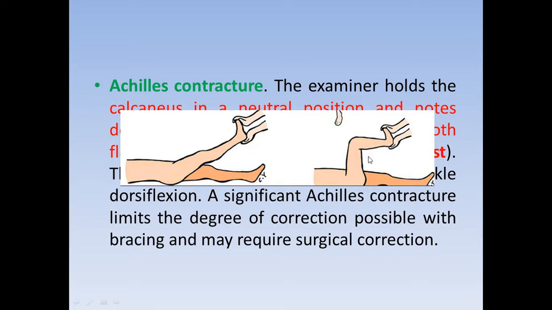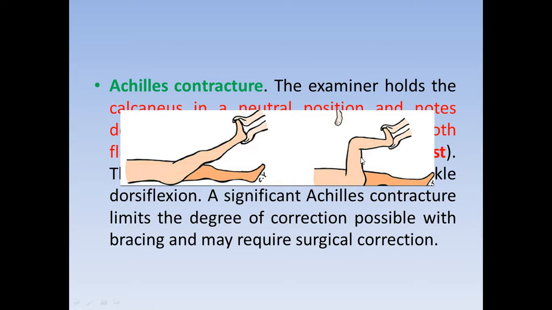But if you extend and the neutral position of the foot becomes about 5 degrees plantar flexion, so the tightness increases. When you bring the gastrocnemius into function, it increases the tightness.